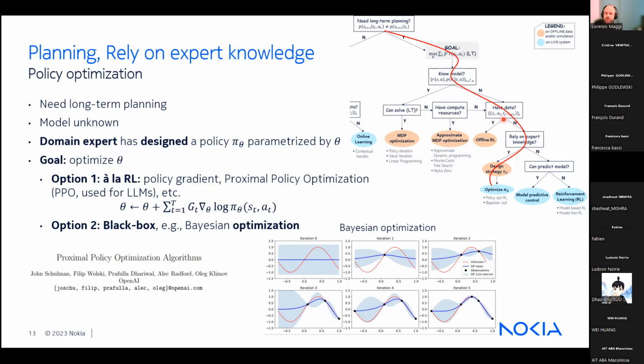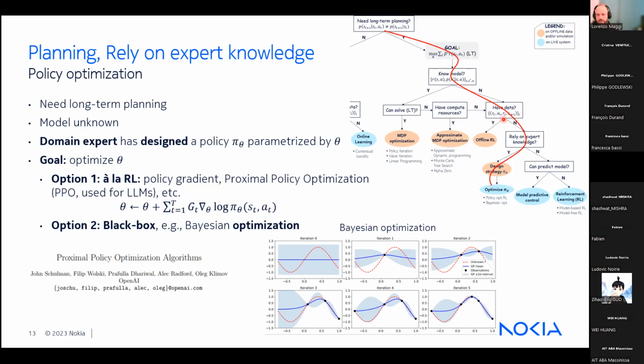Usually this expert will provide you with a policy which tells you what to do in each state, but this policy will usually depend on several parameters.